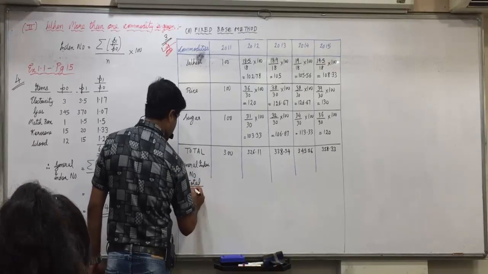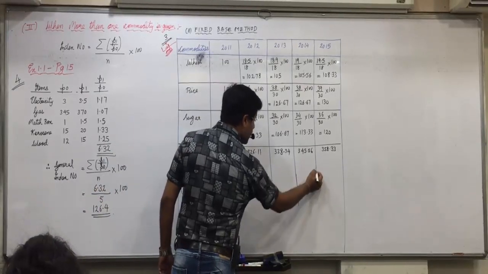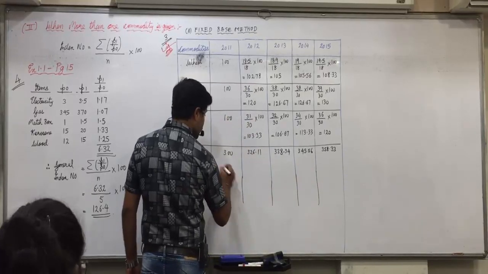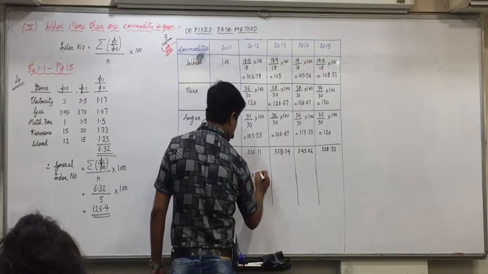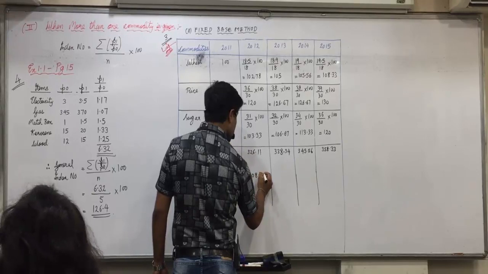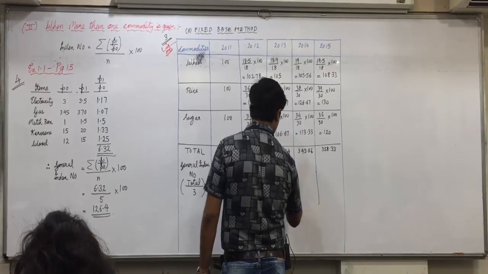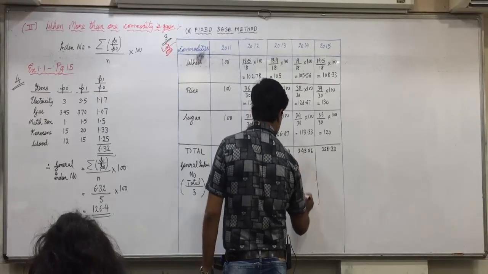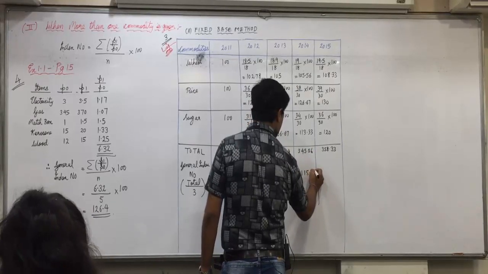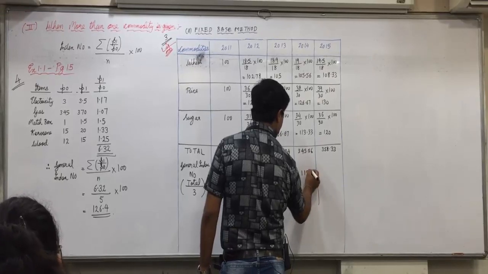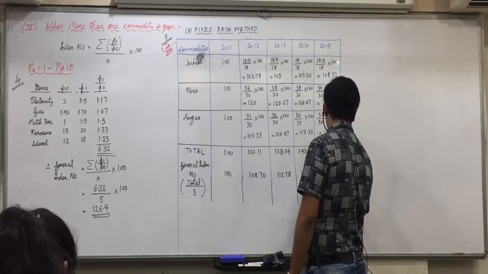You will divide it by 3. 300 divided by 3, 100. 326.11 divided by 3, 108.70. 338.34 divided by 3, 112.78. 345.56 divided by 3, 115.19. And 358.33 divided by 3, 119.44.